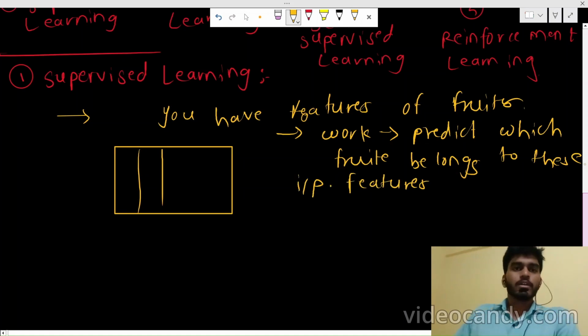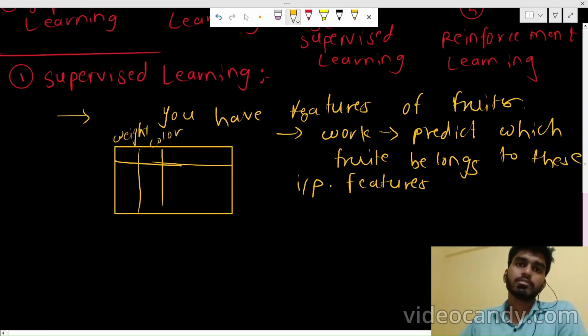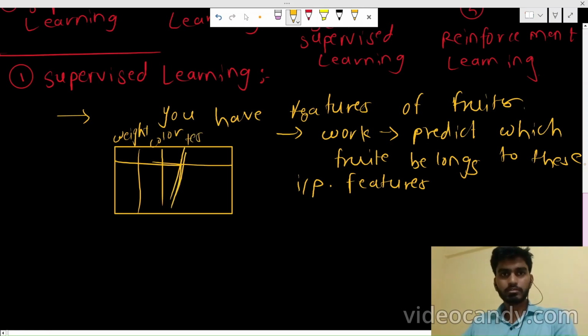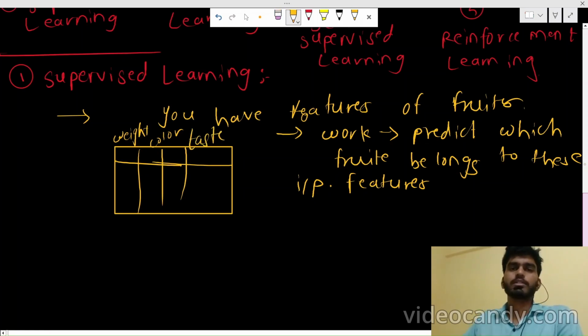In this data, the features may contain the weight of the fruit, then color, then taste, etc.